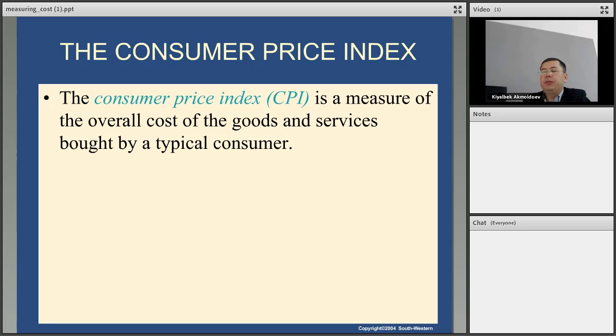But GDP deflator inflation calculates the change in prices of all goods and services which were produced inside the country. CPI, however, covers goods and services including imported goods as well.